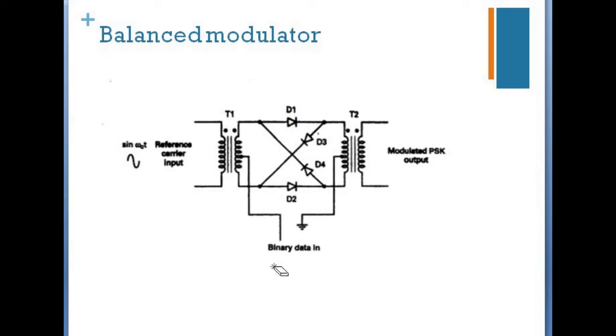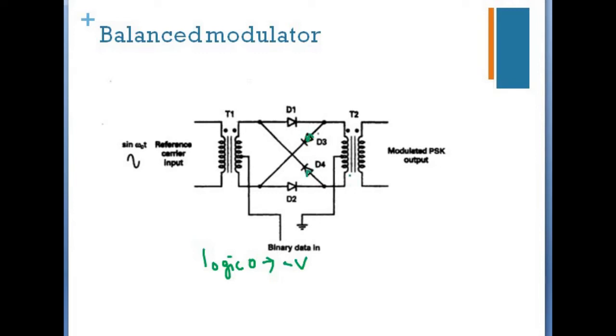But in the case where a negative voltage is applied, negative voltage means minus volt. We get minus volt if we apply logic 0 to the level converter. If minus volt is given to the balanced modulator, D1 and D2 are reverse biased and off, D3 and D4 are forward biased.